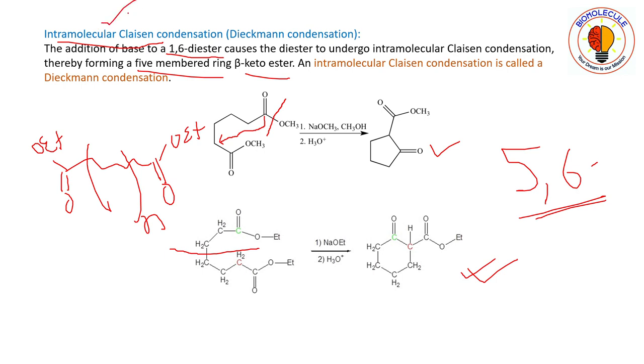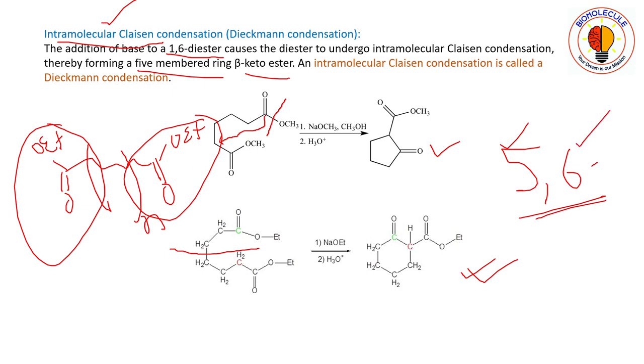So you have to have your ester groups in such positions that you can get either a 5-membered or 6-membered ring product.